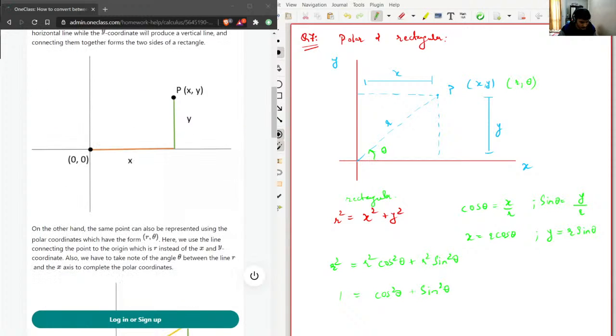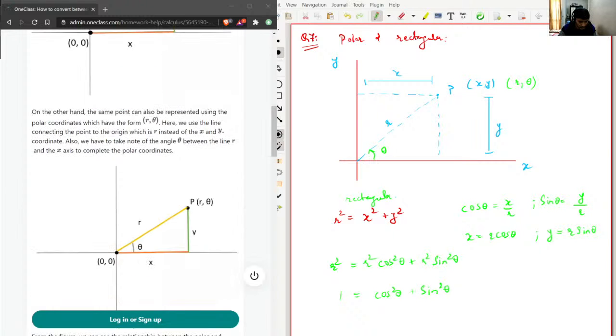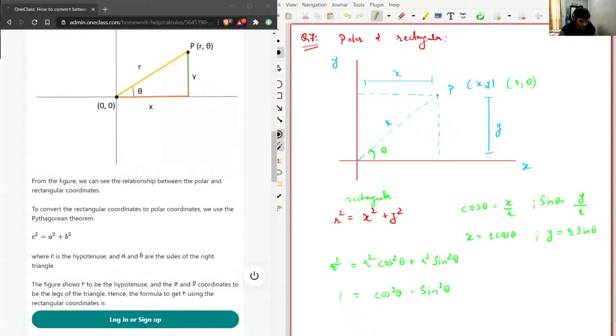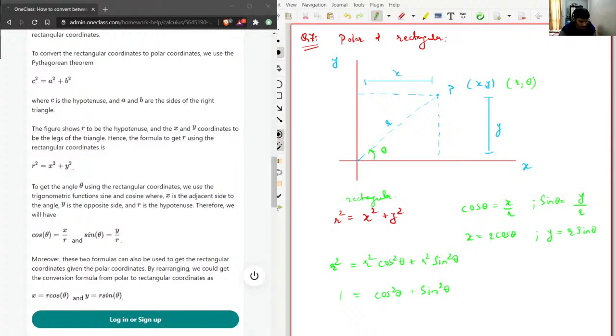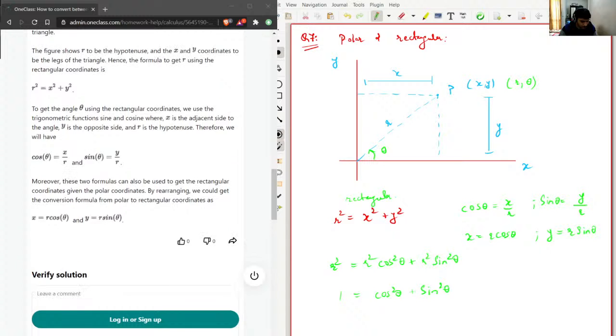On the other hand, the same point can be represented as r comma theta instead of this. Then we have r square equal to x square plus y square, so x equal to r cos theta and y equal to r sin theta.